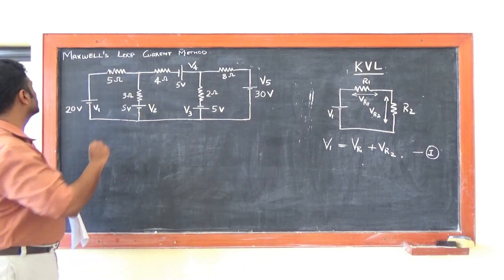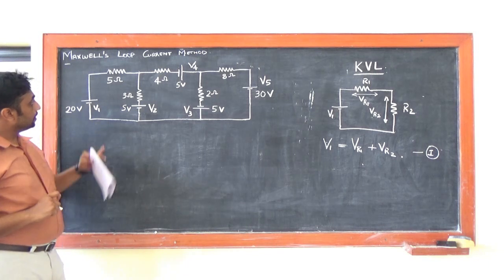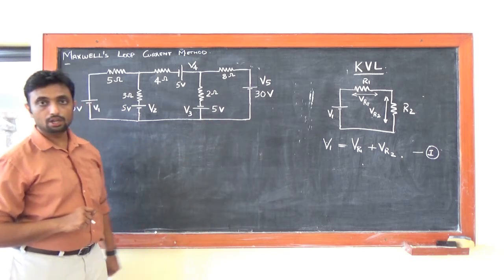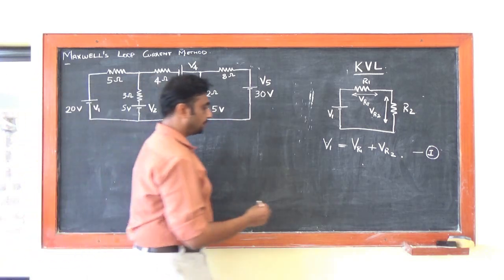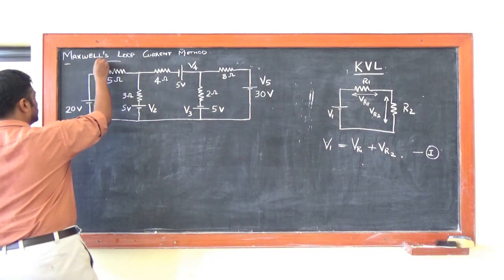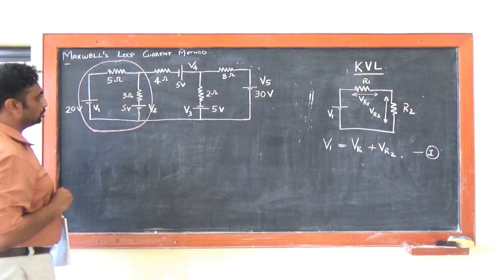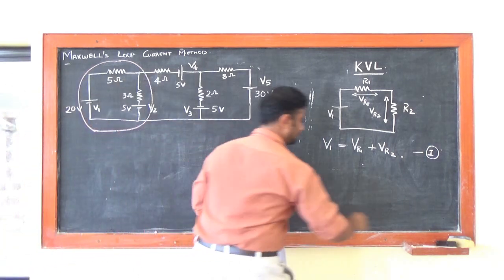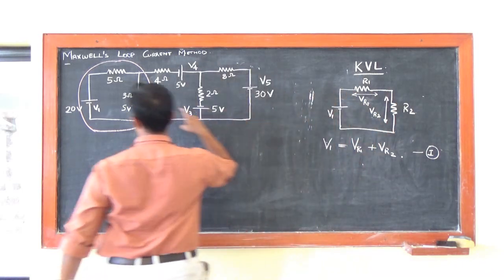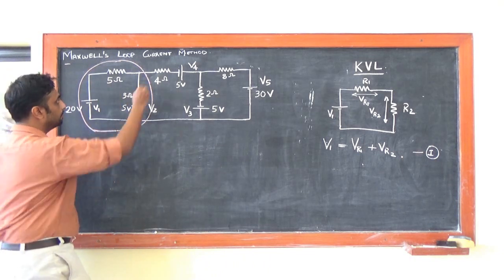So first thing in Maxwell's loop current method, for this problem, we have totally 3 loops, loop 1, loop 2 and loop 3. So we will underline these loops. I highlighted this as loop 1. As we see here, there is a loop formation. Same way, there is a loop formation here. So this is taken as loop 1.